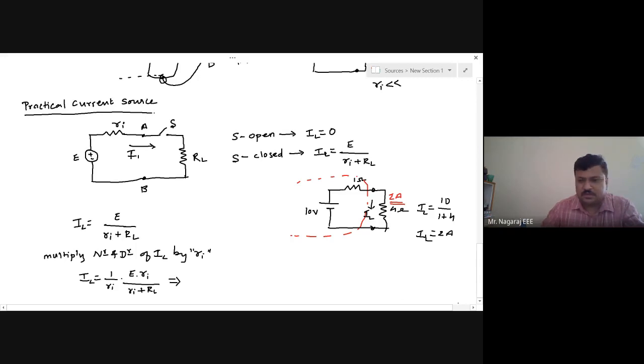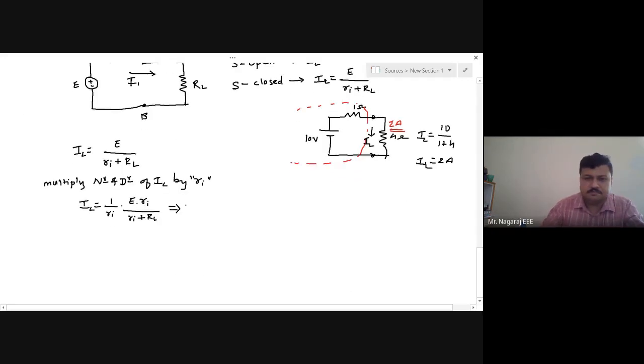This can be rewritten as E divided by Ri, into Ri divided by Ri plus RL. Fine.